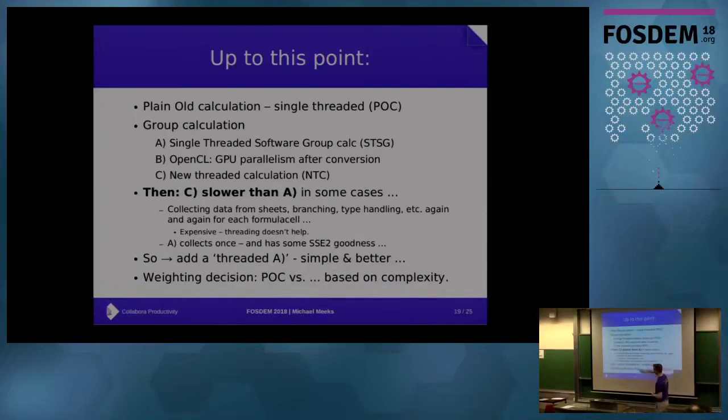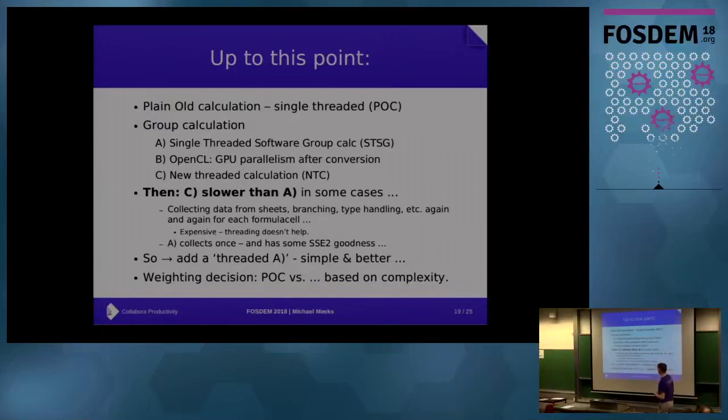That's pretty depressing after a month of work. It turns out that the process of collecting all that data from the sheets, checking its types, looking at format types, and so on for each formula cell is really expensive. It's often done again and again for these things where you have an n squared. You're doing a big operation on a column, and then doing it multiple times as you go down.